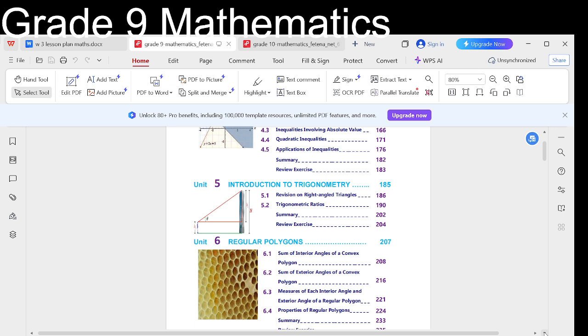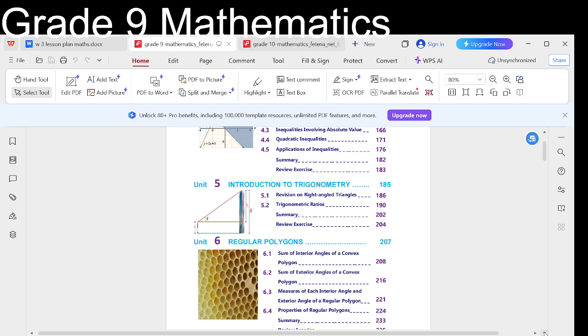For example, circles are not polygons. When we say regular polygons, regular stands for a polygon with all equal sides and equal angles inside.